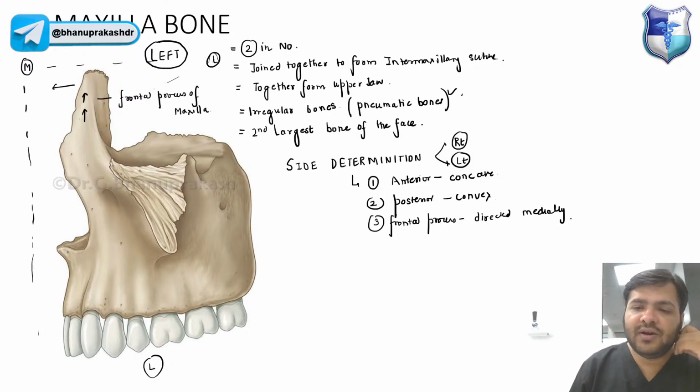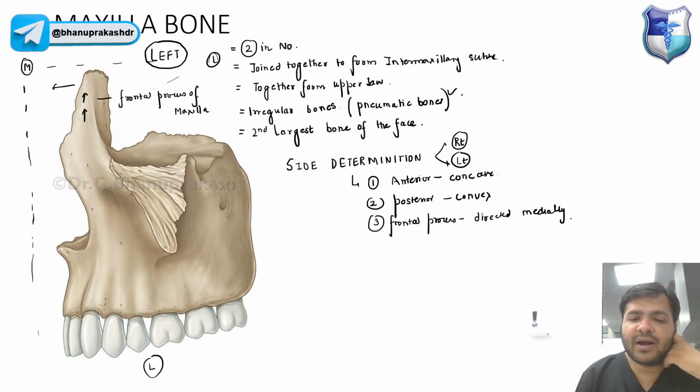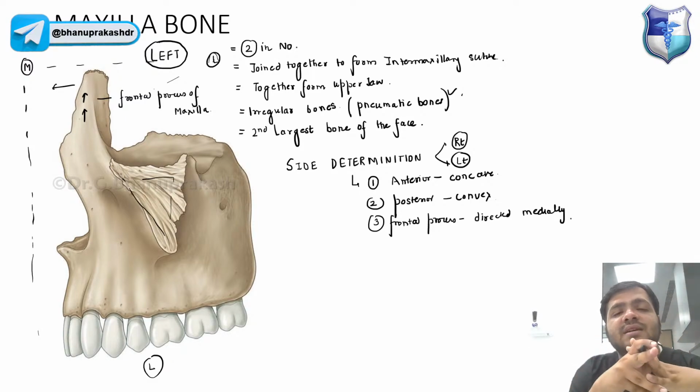Now guys, you already know that there is a zygomatic process. Basically it is articulating with the zygomatic bone also, as you can see over here, this triangular shaped area. And medially we also have one more process, guys, that is called the palatine process, right?